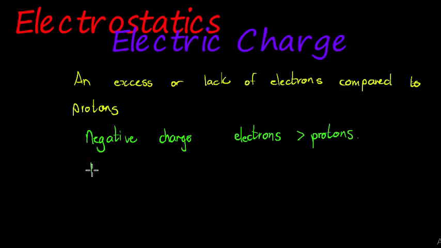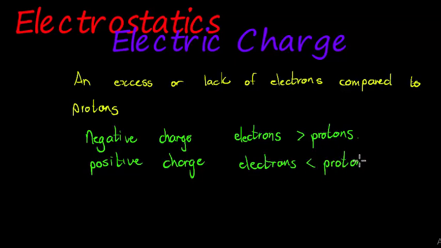And if I have a positive charge, then it simply means the opposite, that my electrons are less than my protons. So we will define charge completely in terms of electrons.